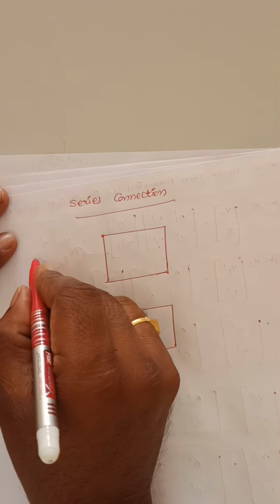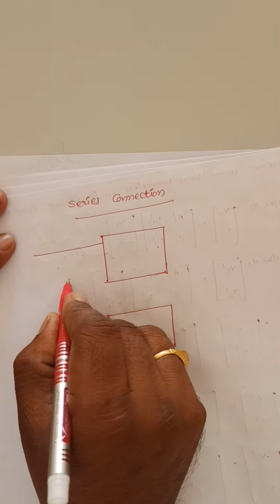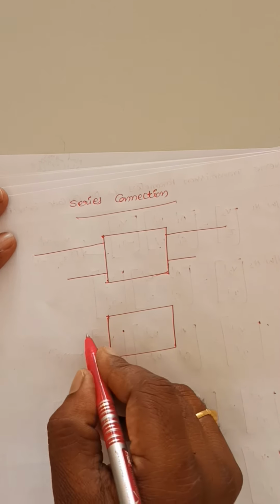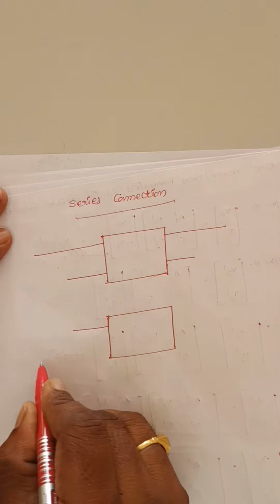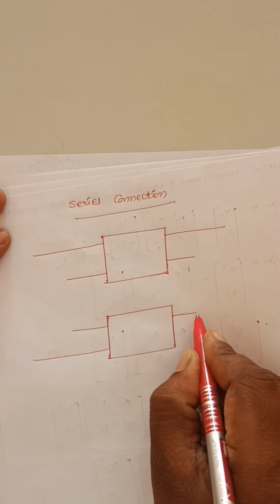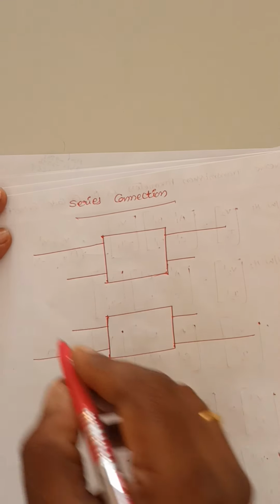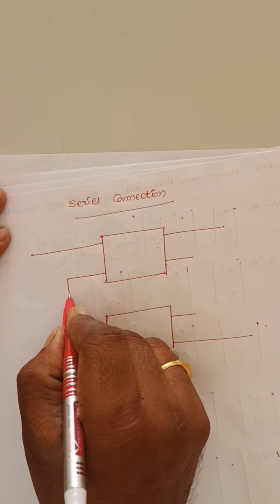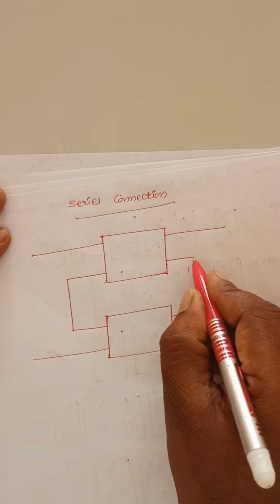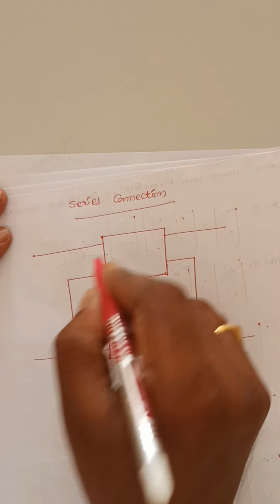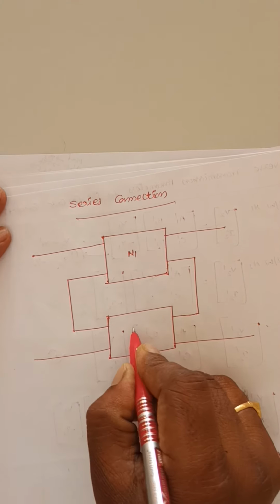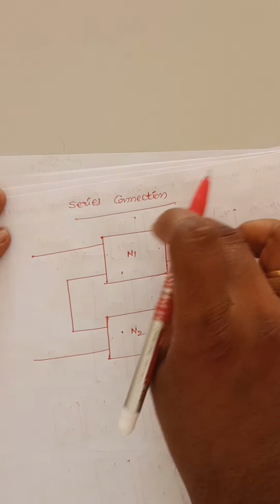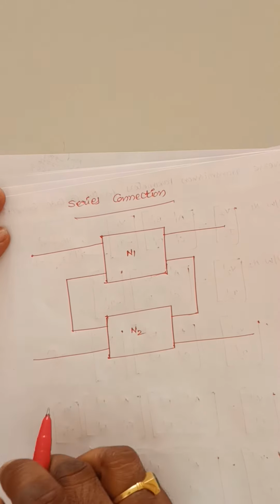It has one port, another port, and this also has one port and another port. These two are connected like this. This is network N1, this is network N2. Both are two port networks. Here also the same thing.